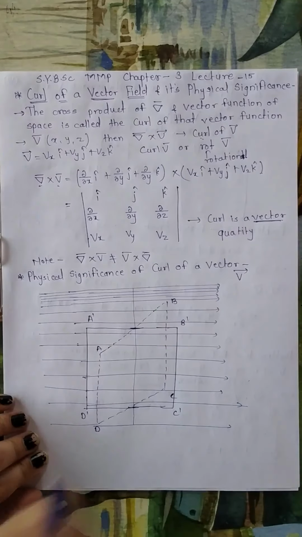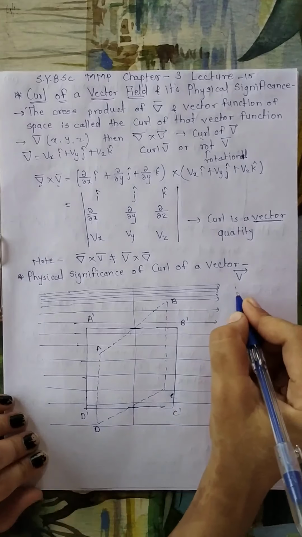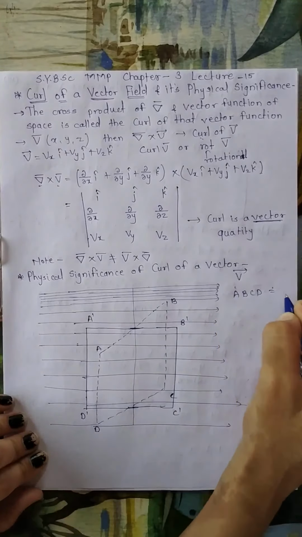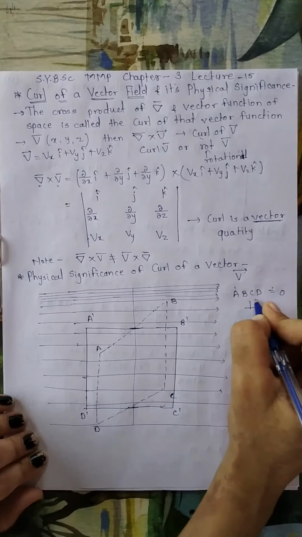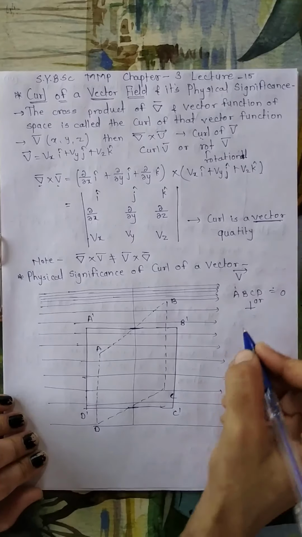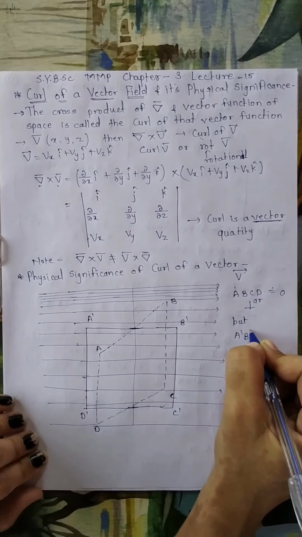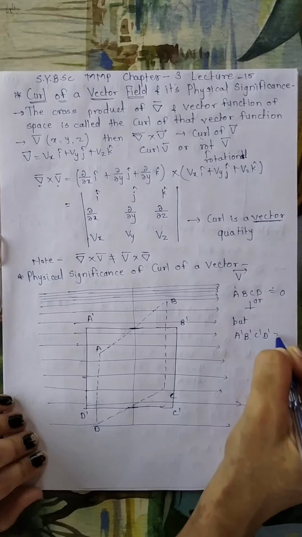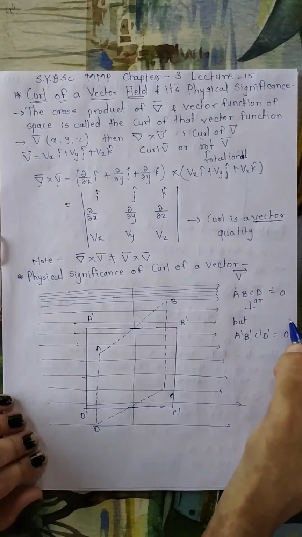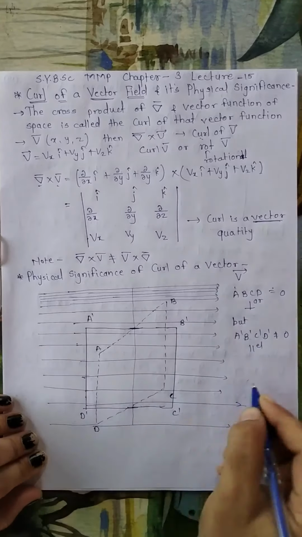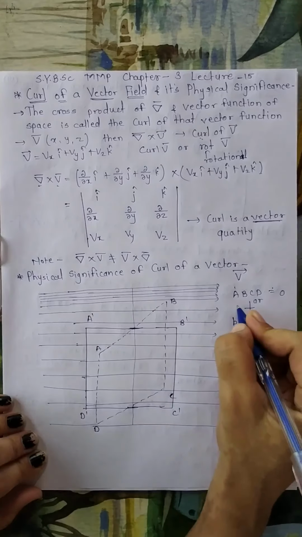So the line integral for A, B, C, D is equal to 0 since the field and boundaries are perpendicular, but for A dash, B dash, C dash and D dash it is not equal to 0 since our boundary and field are parallel to each other.